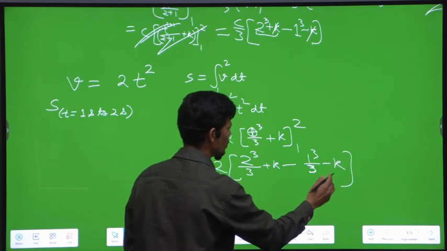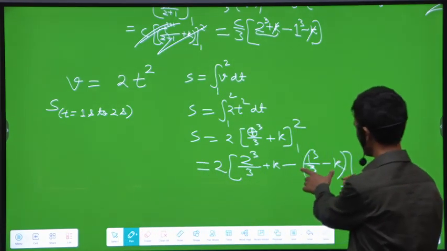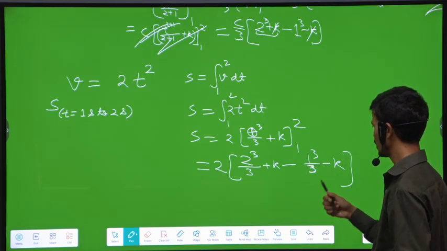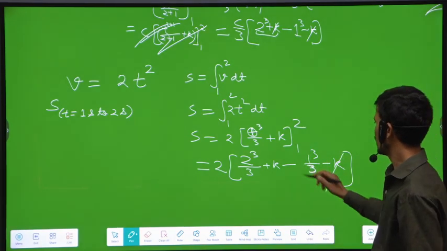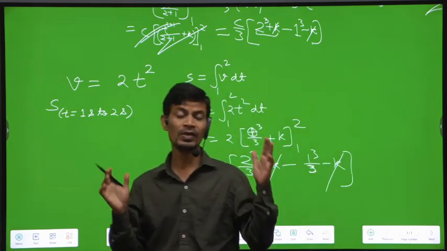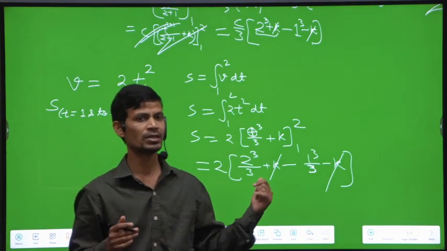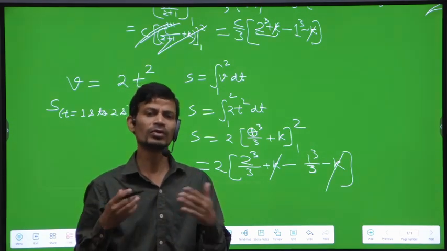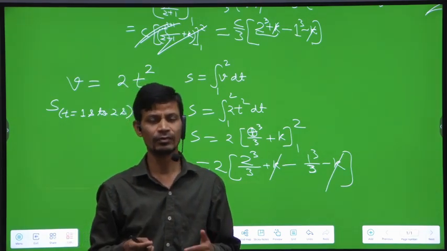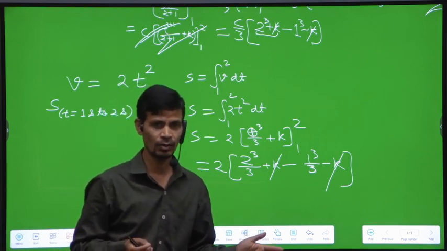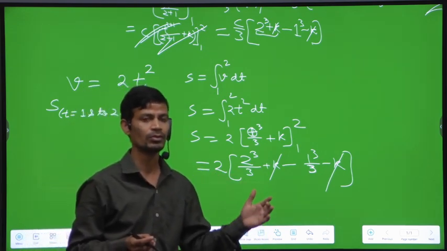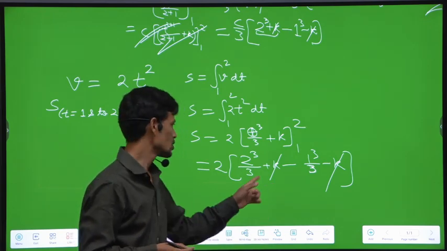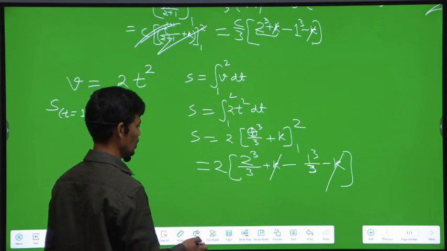Why minus? Because already it was like this, and then we will open the bracket, then it will become negative. So that constant part, whenever we apply some limit, will be eliminated. So if we are dealing with limits, and most of the time in class 11th we will be dealing with limits, you need not worry about that constant that comes in integration. So this is how we are going to do it.